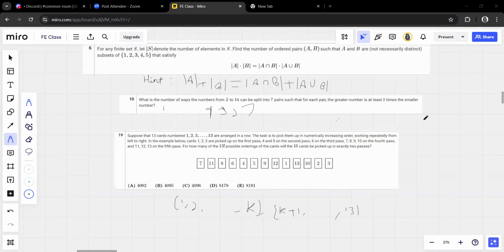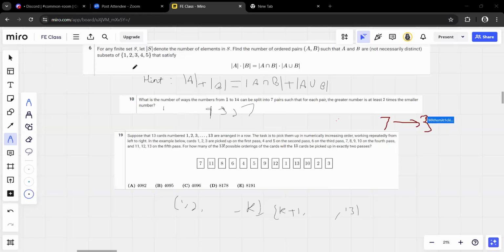Can I write? What I was saying is that 7 is connected with 3, for instance.